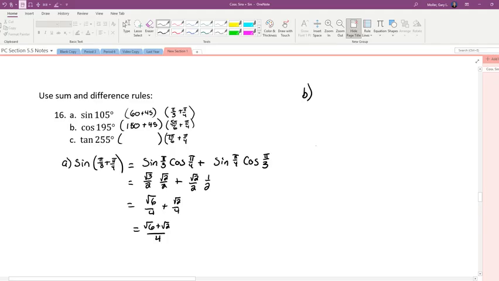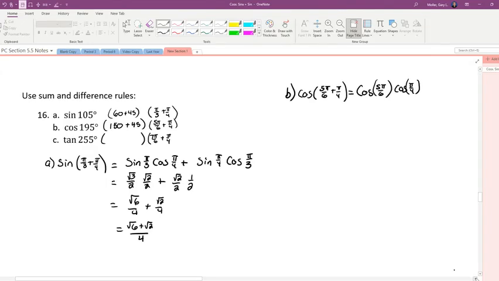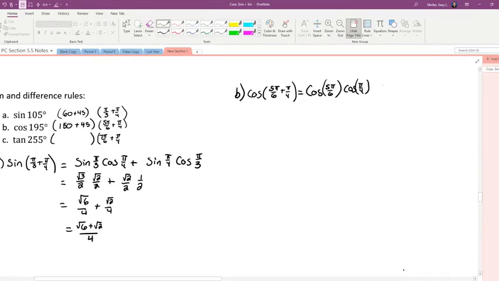Part B, the cosine of 195. So we're doing the cosine of 5 pi over 6 plus pi over 4. So this rule is cosine of the first one and cosine of the second one, minus sine of 5 pi over 6 and sine of pi over 4.